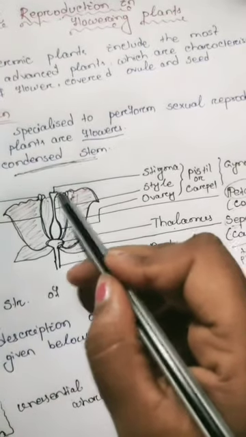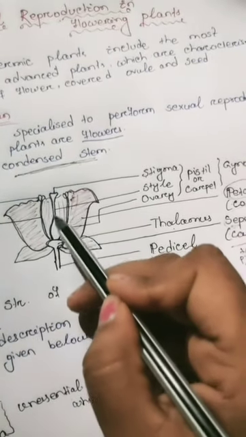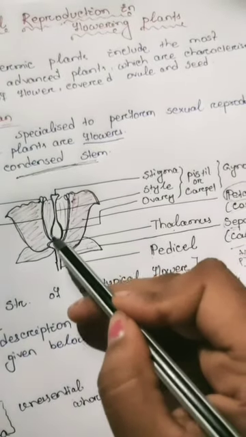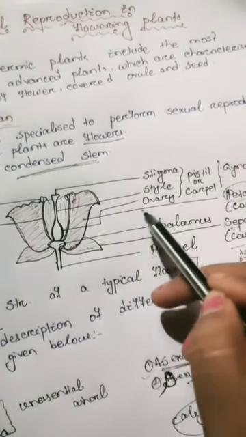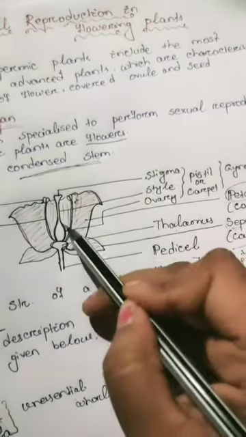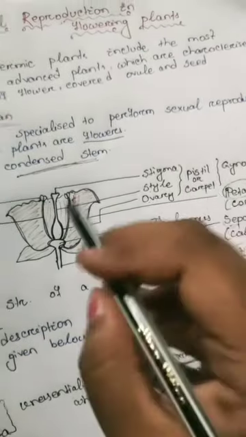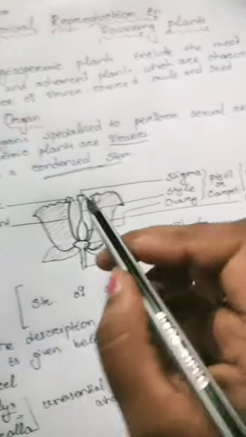And lastly, this middle part is known as carpel or pistil. The upper part is known as stigma, this slender structure is known as style, and this basal part is known as ovary. Stigma, style and ovary together are known as pistil, and this part is known as gynoecium.